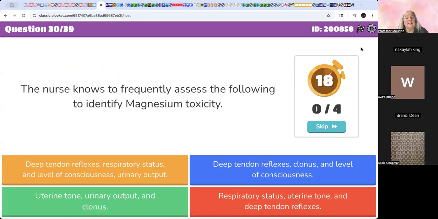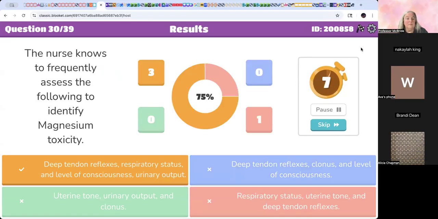The nurse knows to frequently assess the following to identify magnesium toxicity. Okay, we talked about this already on a different question, right?